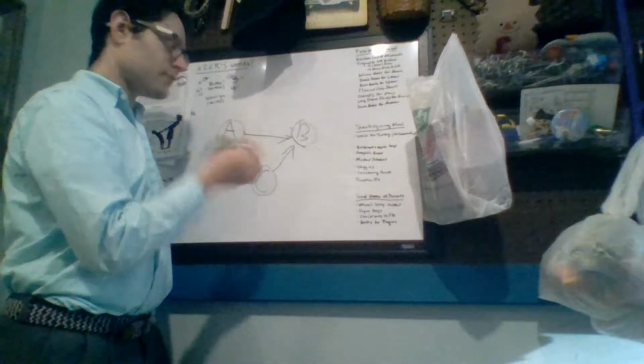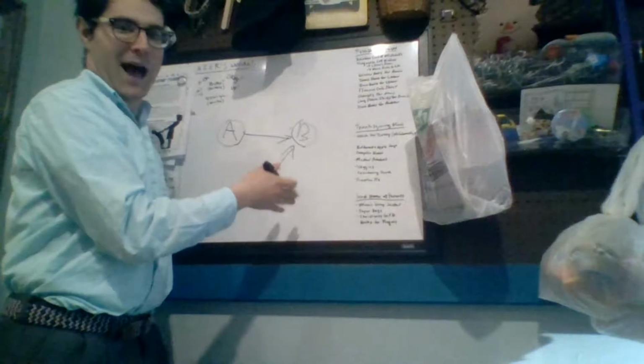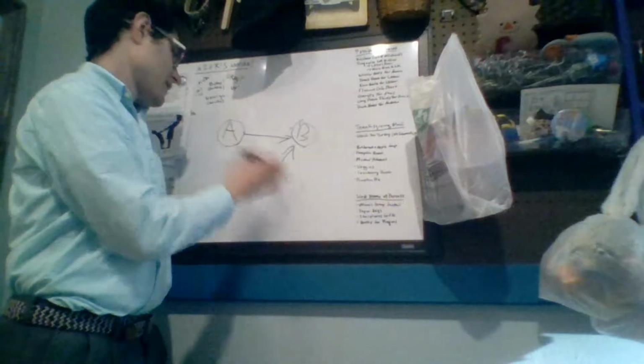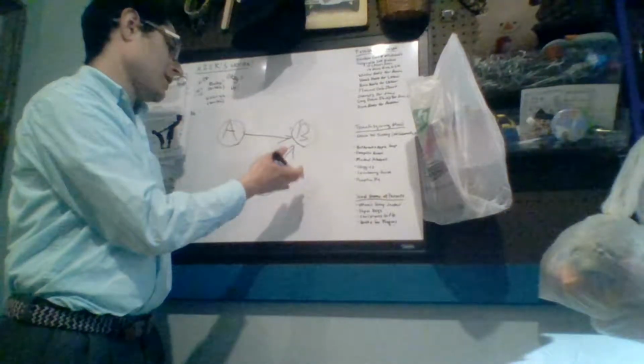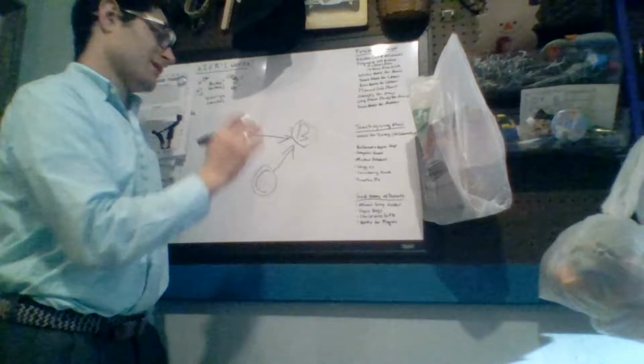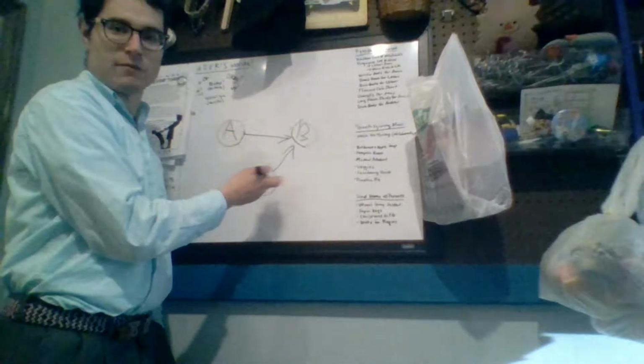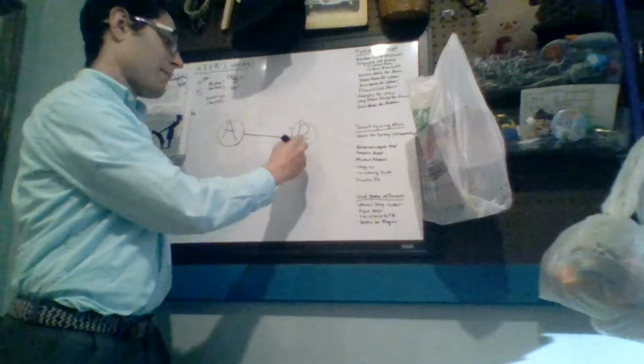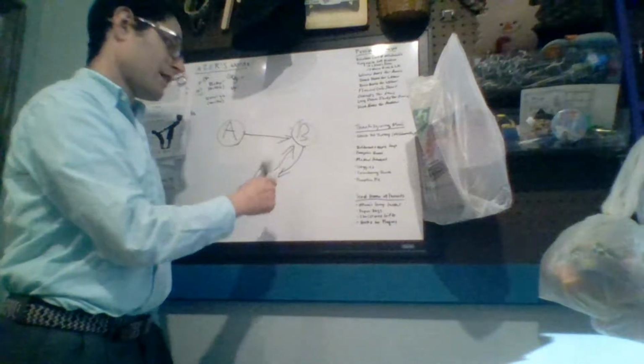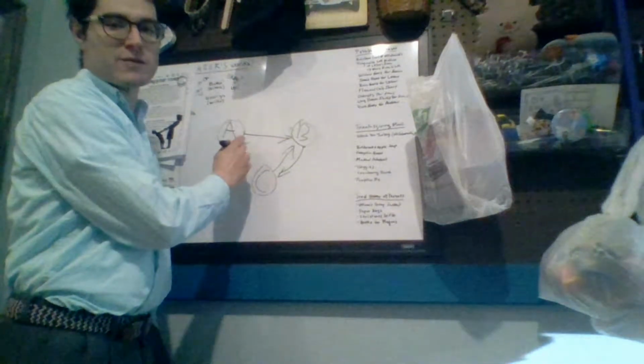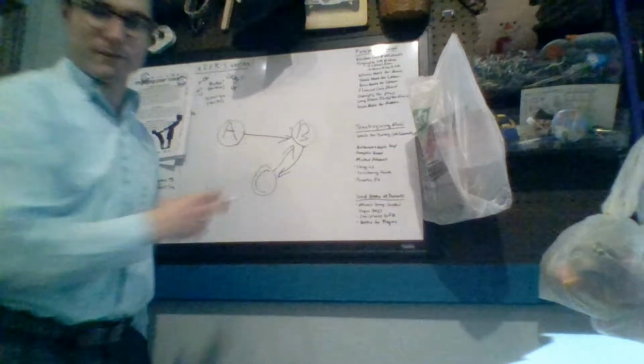But he isn't going to follow them back because he's a celebrity. Alice and Carol might follow him, but he won't follow either of them. But suppose Carol is actually a celebrity, a fellow celebrity. So Ben might follow Carol, right? So these relationships can be one way or they can be two way.